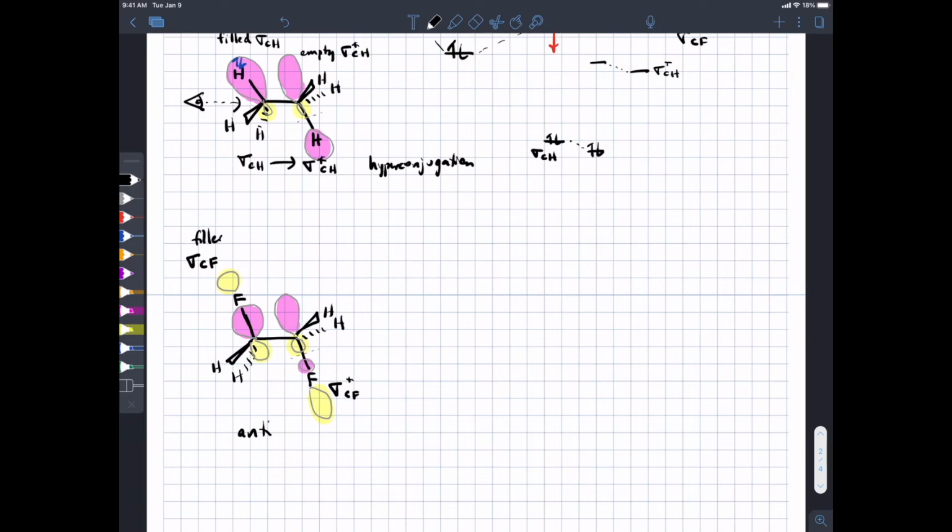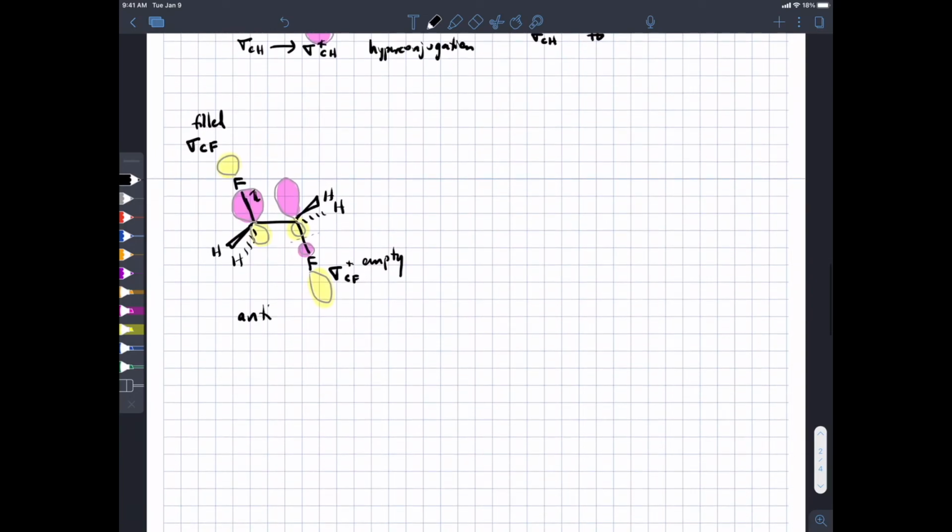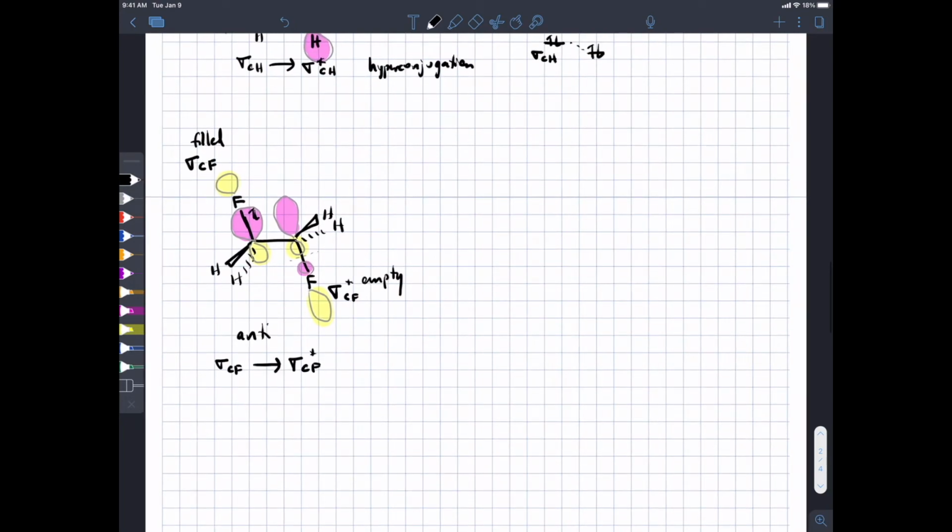Here you have a filled carbon-fluorine bonding orbital and an empty carbon-fluorine sigma star. And you could still get donation of electron density from the carbon-fluorine sigma to the carbon-fluorine sigma star. But let's consider an alternative.